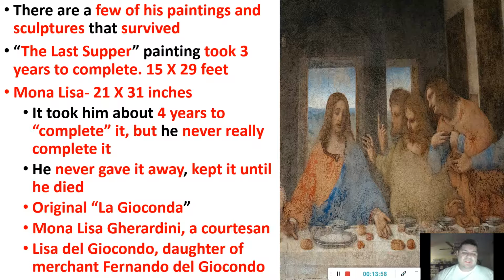The other one is that it was this girl named Lisa del Giocondo, right? Not Gioconda, Giocondo. And she's the wife of a famous merchant named Francesco del Giocondo, and he basically told Da Vinci, "Hey, I'll pay you to paint a portrait of my wife."